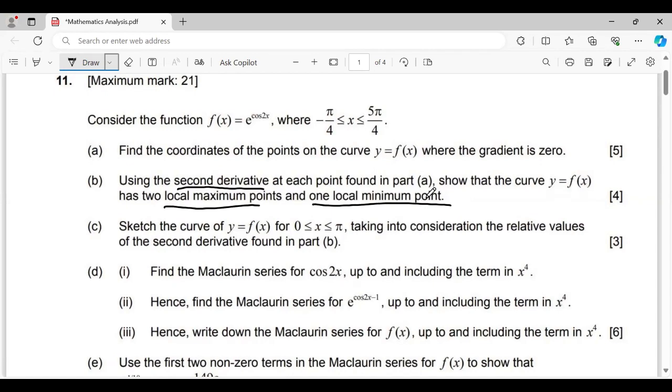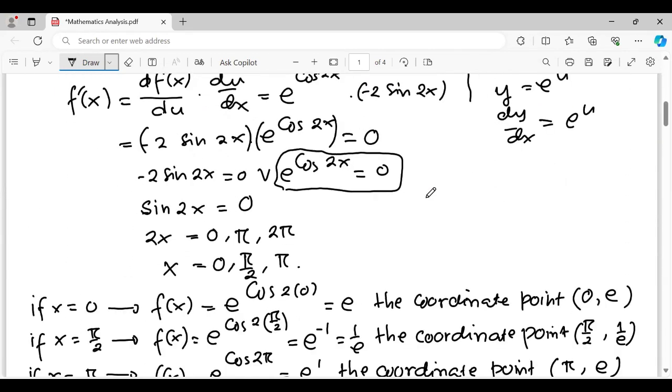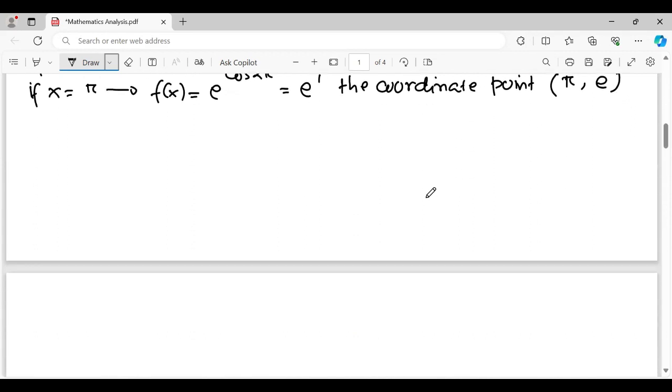So it means we are going to prove that it has 2 maximum points and 1 minimum point. Okay.